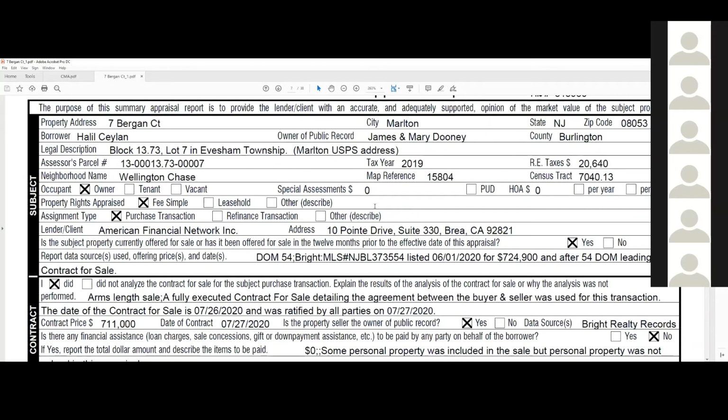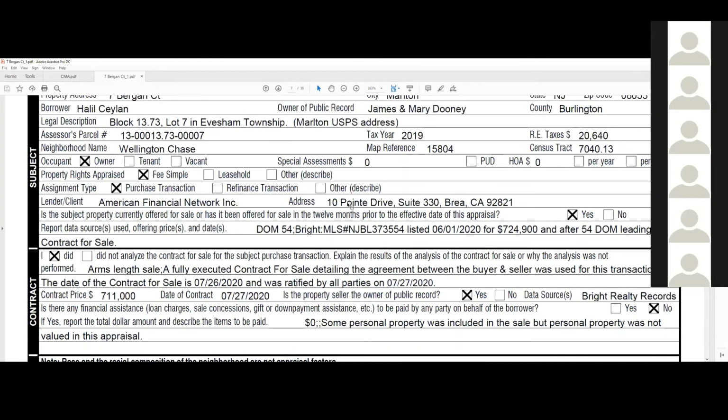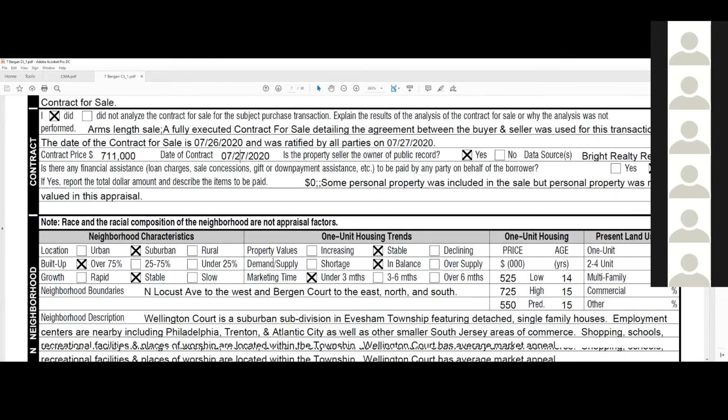So here are the important things, right? $711,000 contract price. And this was actually one of my recent sales, so very recent. That's why I want to use it with you guys.